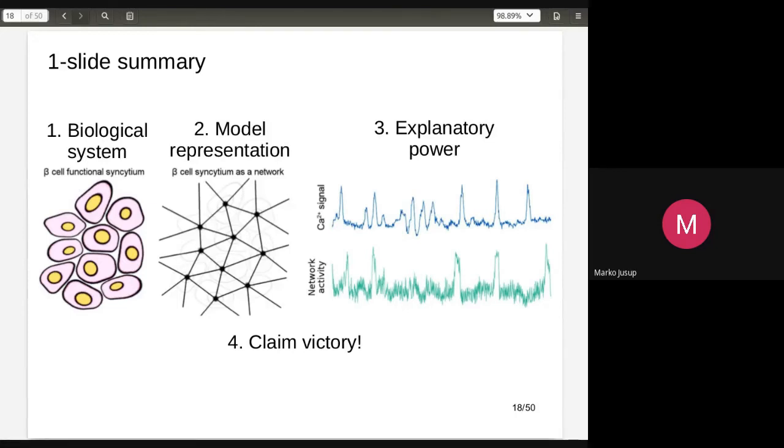Once we set up a model, we look at its explanatory power. Can it explain the phenomena that we are observing, and how well can it do that? And if our model shows great explanatory power, then we will claim victory. We will proclaim that this research has been a success and we have done it.